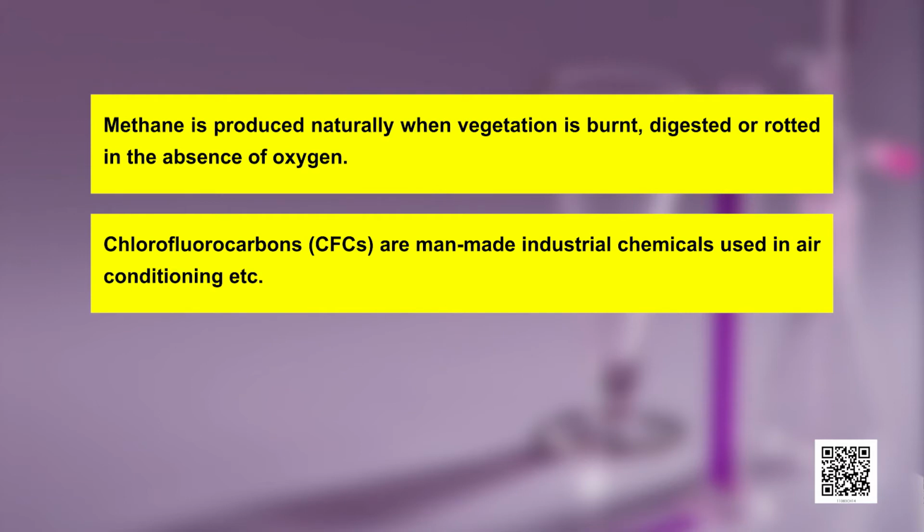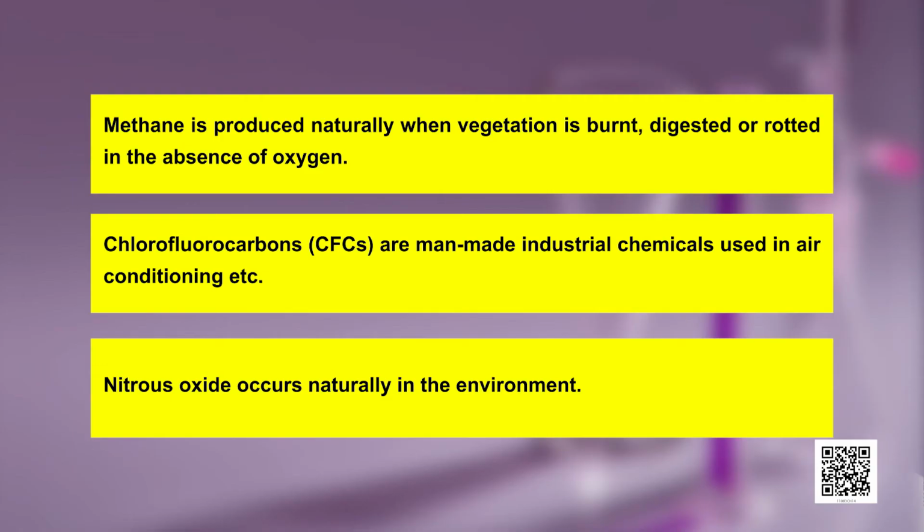And chlorofluorocarbons are man-made industrial chemicals used in air conditioning, etc. CFCs are also damaging the ozone layer. And what about nitrous oxide? Nitrous oxide occurs naturally in the environment. In recent years, quantities of greenhouse gases have increased significantly due to the use of chemical fertilizers and the burning of fossil fuels.